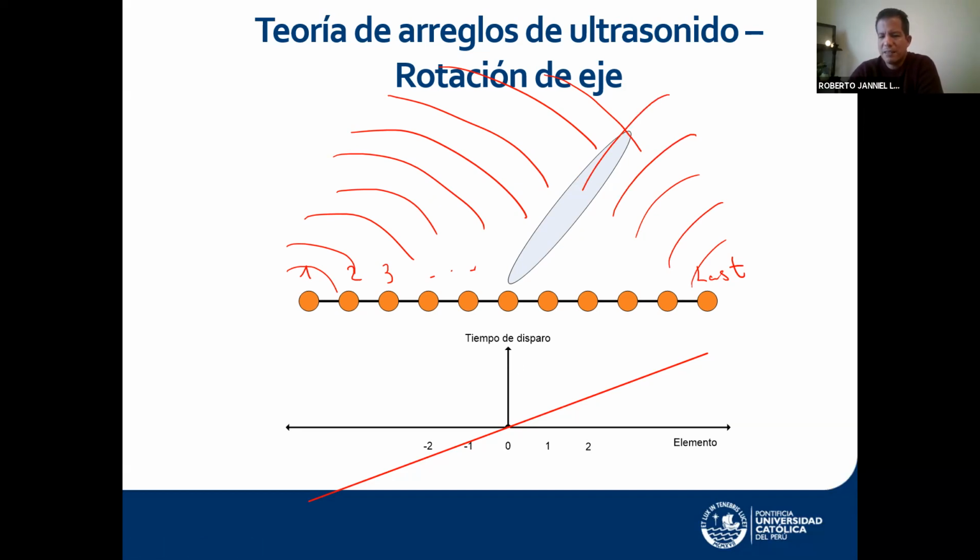And it traveled a lesser distance because we fired it last. So the point where those waves are going to recombine is not going to be together, but it's going to actually be here in this region. It's tilting towards the last element because that's the one that we fire last. And of course, we fired every element in a sequence. So that's why it tilts to the right.